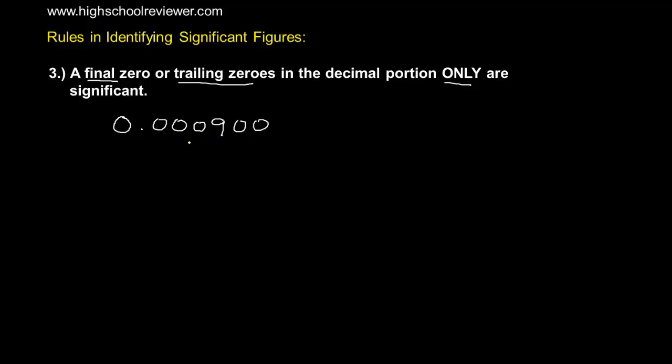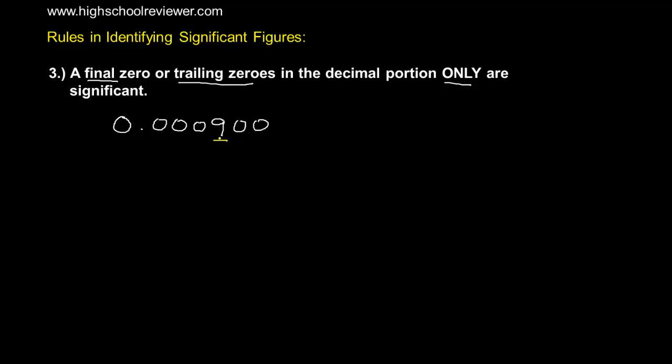Basing from our example here, 9 is a non-zero digit, so this is significant. So only trailing zeros are significant. Now, the zeros here, they are not trailing zeros. And only the 2 zeros here are the trailing zeros or the final zeros, meaning zeros at the end.